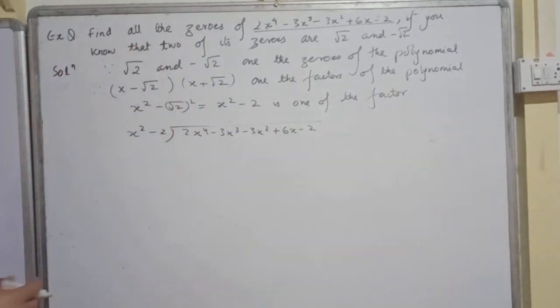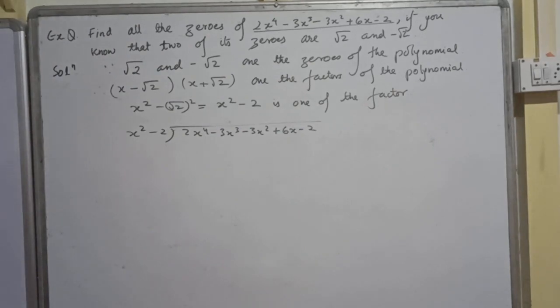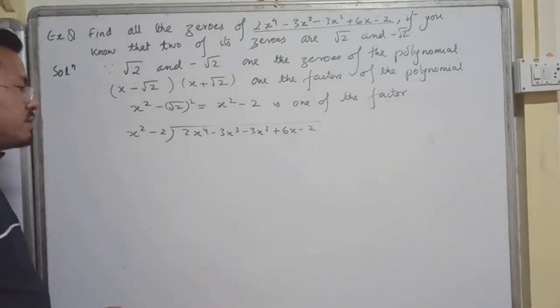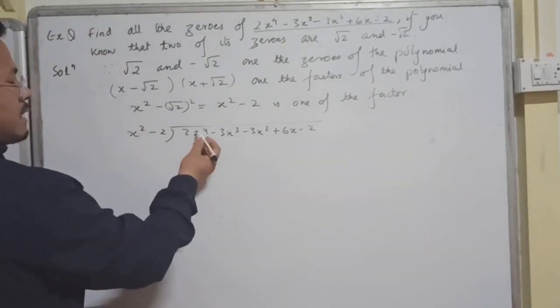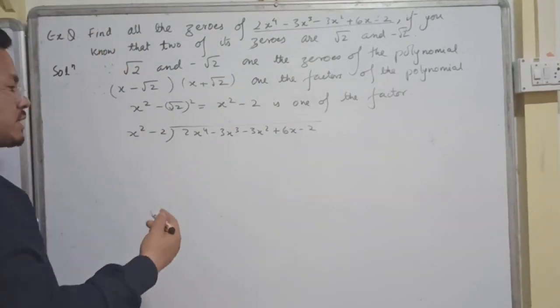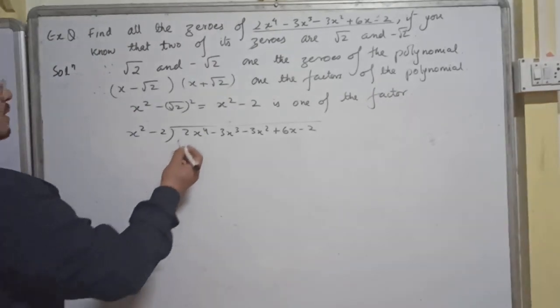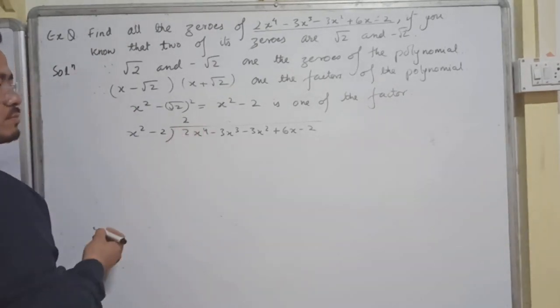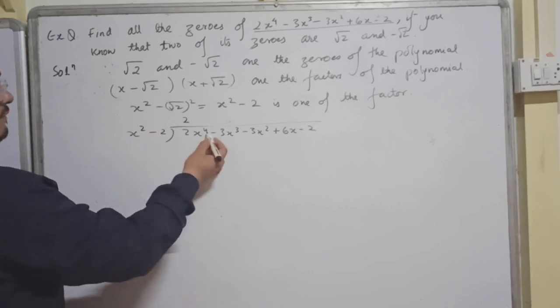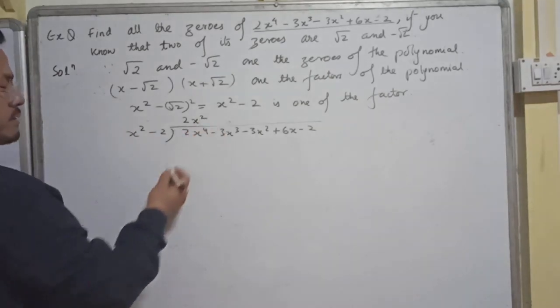Now whichever method I have taught you, out of those two methods, you can go for any one method. I'll be doing it directly. You can try it by yourself as well. So I need 2x squared, since 2 by 2 is 2 and x to the power 4 by x squared is x squared.